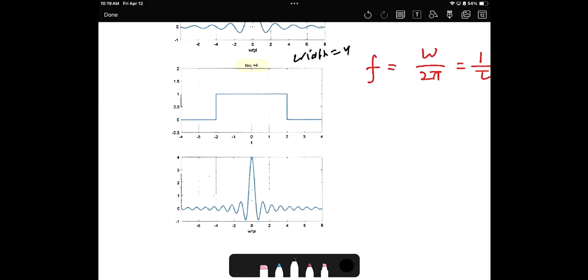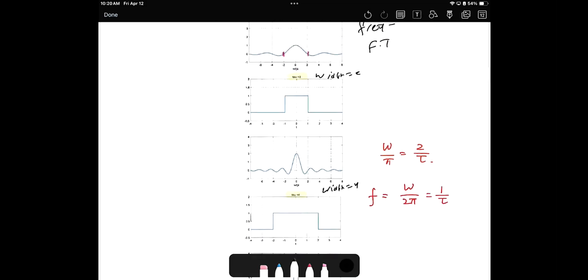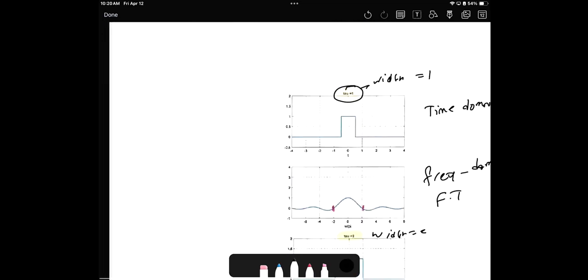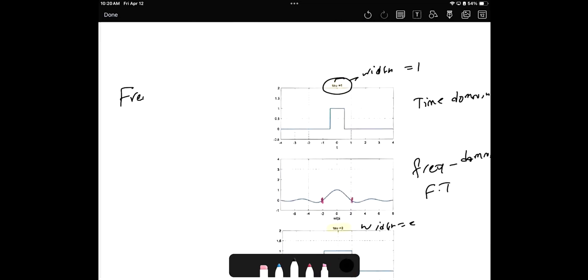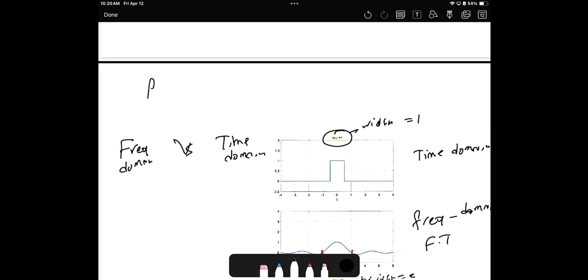In other words, we will say that frequency domain and time domain are the opposite of each other. Yes? If you have a constant, that creates an impulse function. If there is only a constant, this will be an impulse. Correct. Now with this one, you can say that there is frequency domain versus time. So we know the relationship between frequency and time as f equal 1 over T. Right?